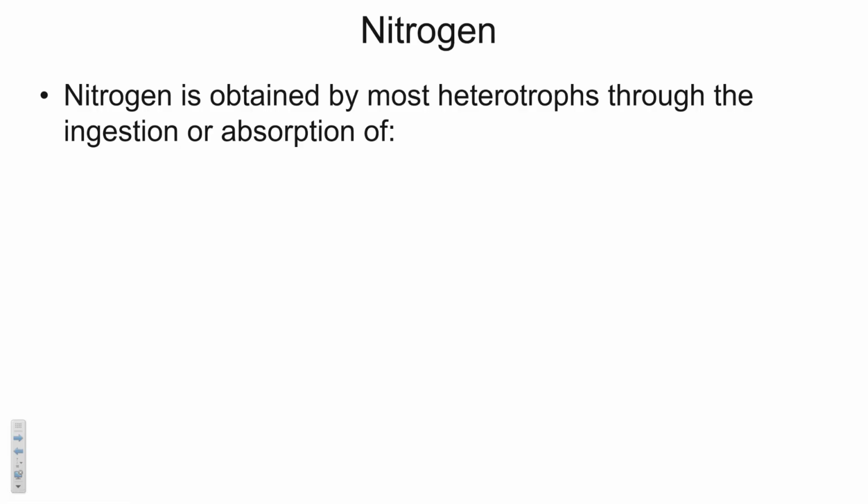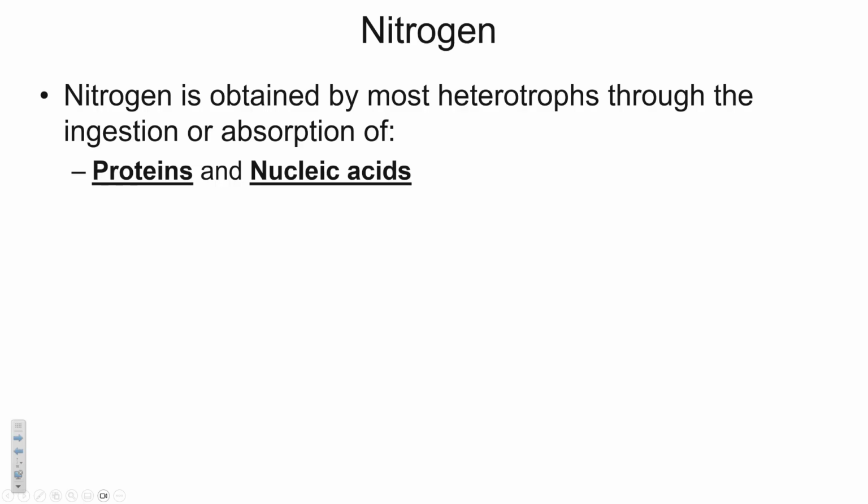Now, nitrogen is one that as a heterotroph, you're ultimately going to get as you're eating sources of organic nutrients like heterotrophs or other autotrophs. They're going to ultimately have their own proteins and nucleic acids which contain the nitrogen, and so as you absorb this other organism, you're absorbing their nitrogen from their base level of protein and nucleic acid.